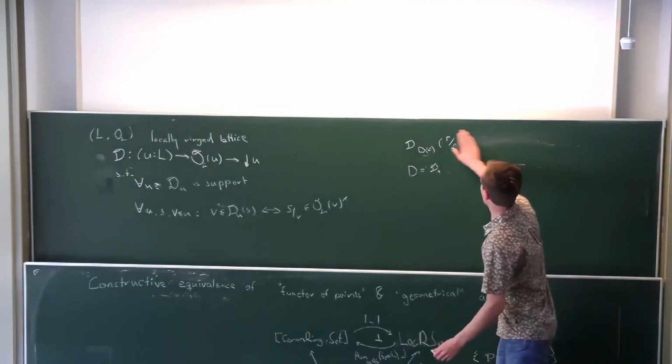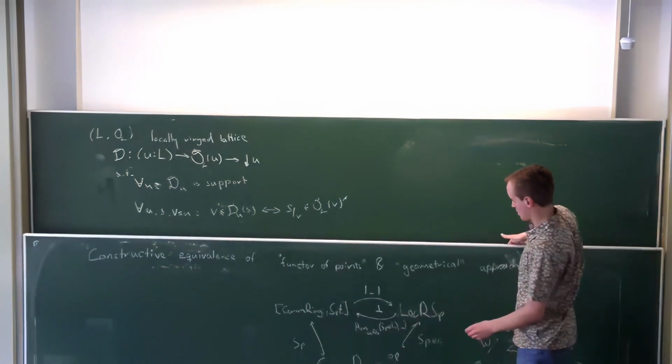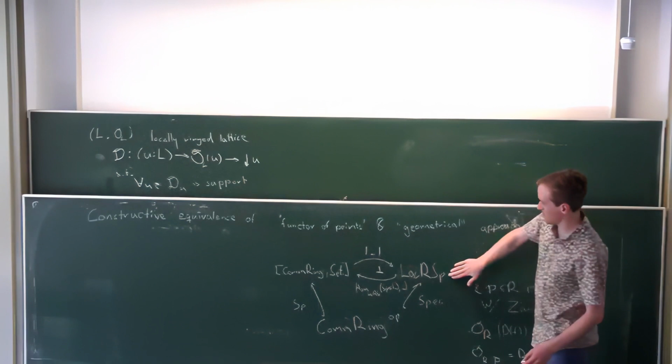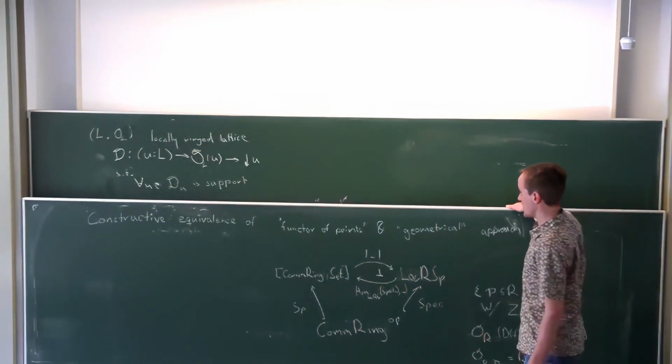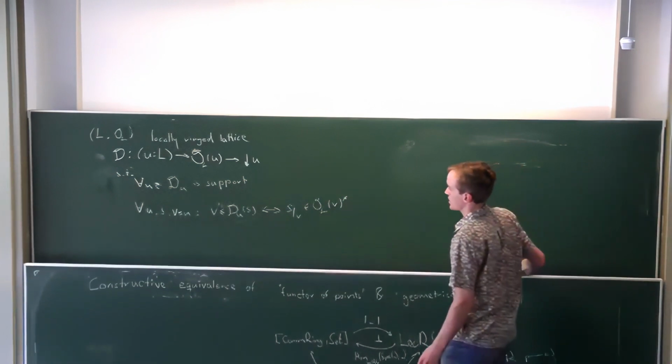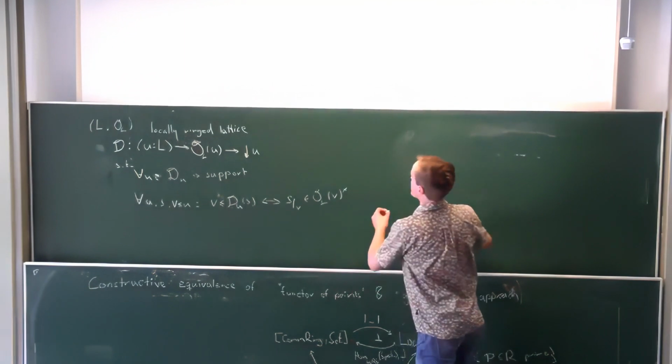Yeah, exactly. So why do we do all this? Well, as I said, we want to replace this by something point-free. So we want to define a morphism of locally ringed lattices.